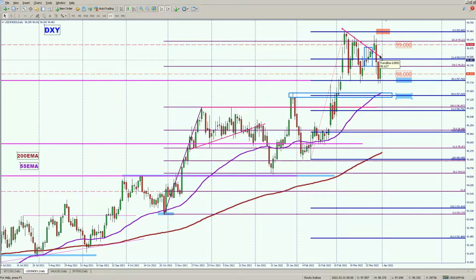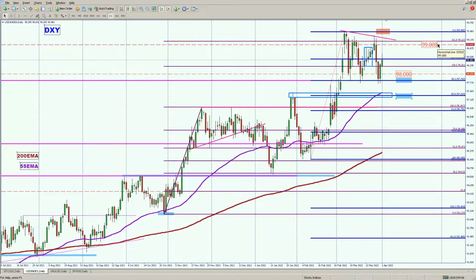And after spiking out of this box, it was boxed in, consolidated for the previous week, and finally broke out higher, but only on the Monday, and quickly fell. So that was similar to what you will see in the dollar yen reaction as well. It did spike up higher and then fell lower. Let's move this further out here.